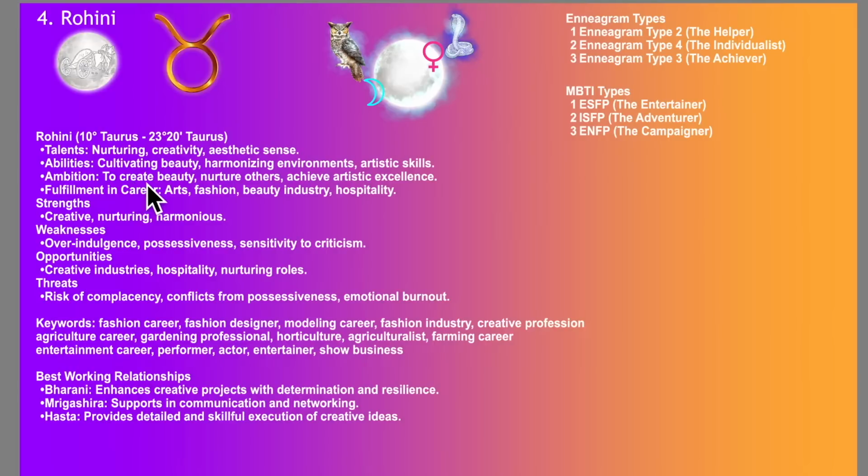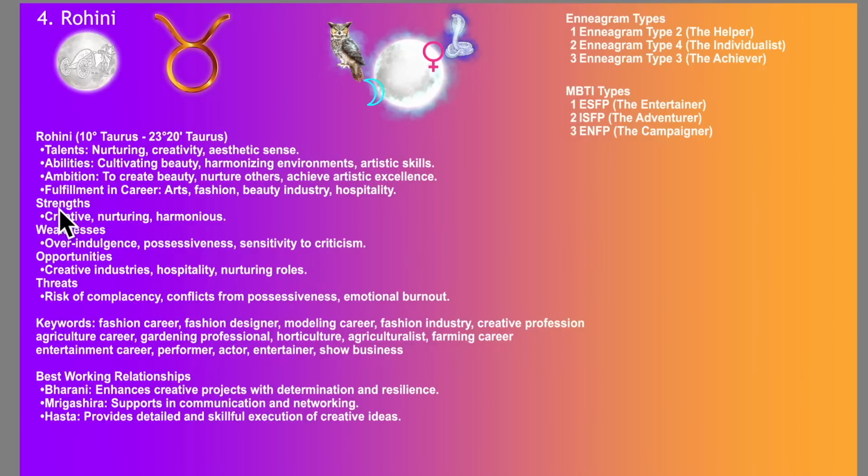Ambition is to create beauty, nurture others, food, water, wealth, and achieve artistic excellence, Venus. The fulfillment in the career for Taurus and in Rohini Nakshatra comes in arts, fashion, beauty industry, and hospitality. Venus is about refinements and Moon is about food. So refined food business is dominant theme of Rohini Nakshatra.